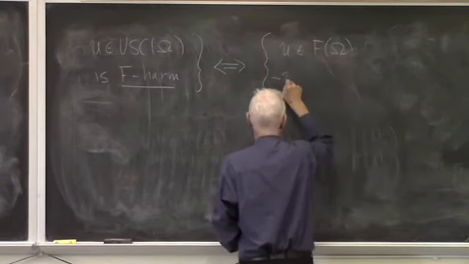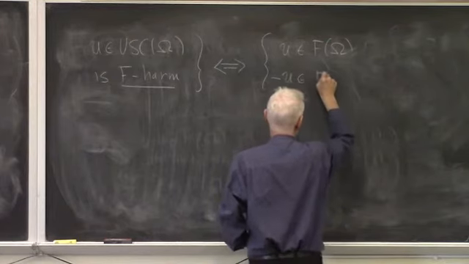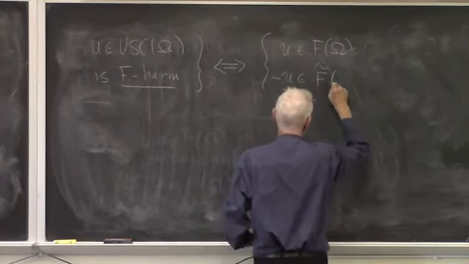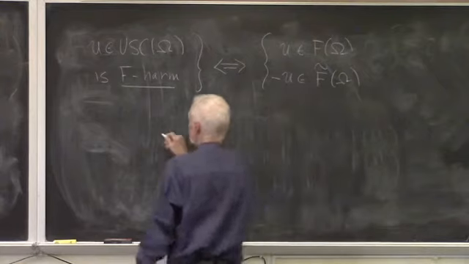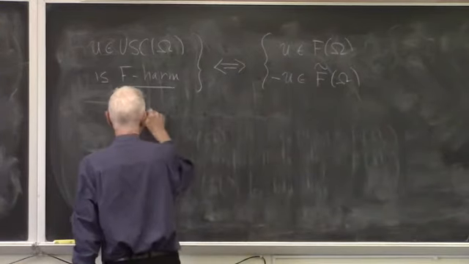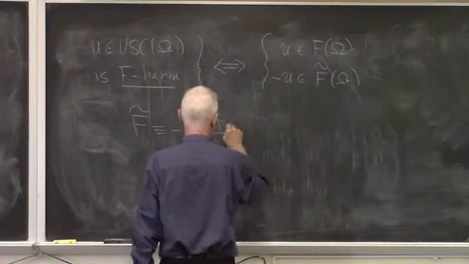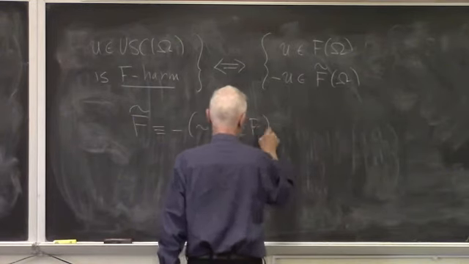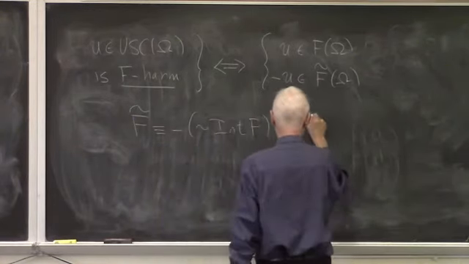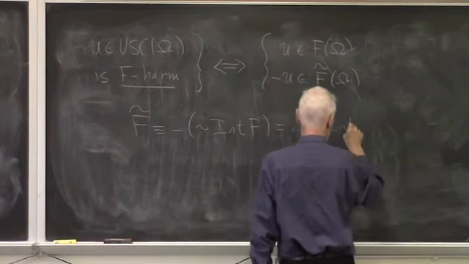And then, as Claude was indicating, minus u should be not F-subharmonic, but F-tilde-subharmonic, where F-tilde is the dual subequation. It's minus the complement of the interior of F, which is the same thing as the complement of minus the interior of F.